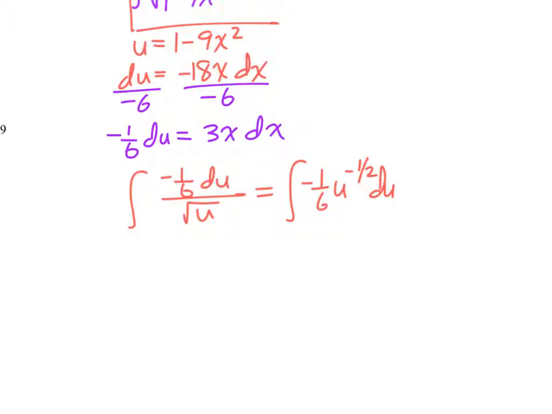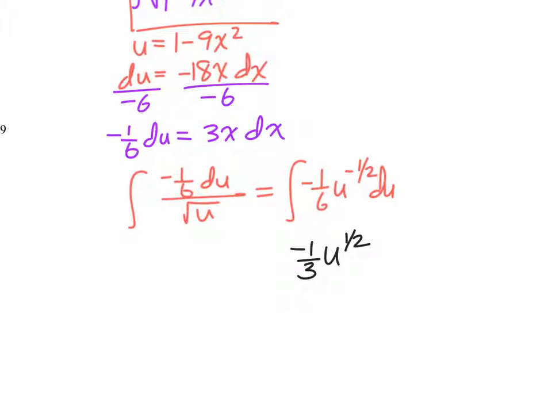So now I'll just use the reverse of the power rule. So u to the positive 1/2. So I'm taking negative 1/6 and dividing it by 1/2, which is the same as multiplying it by 2. So negative 2/6, negative 1/3.